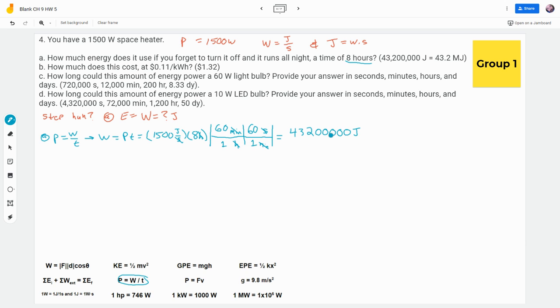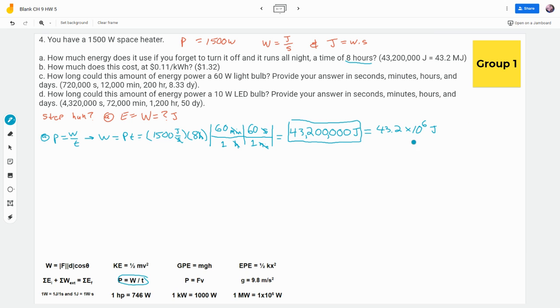First of all, if you have a big number like this with a bunch of zeros, start from the right, count in 3 places, throw in a comma, count in another 3 places, throw in a comma, and we end up with 43,200,000 joules. So you can leave your answer like that. This is one of the answers. You could also use scientific notation, in which case this would be 43.2 times 10 to the 6th joules.